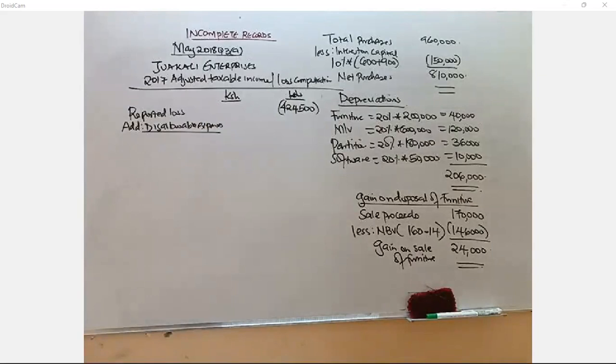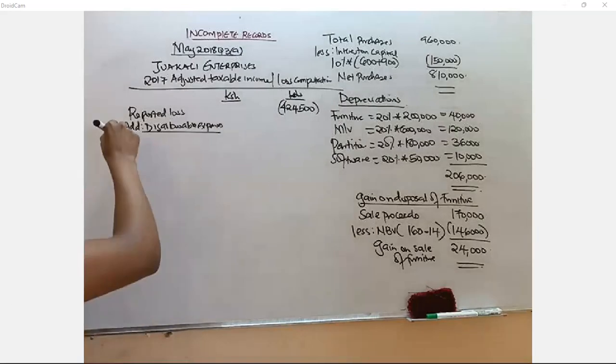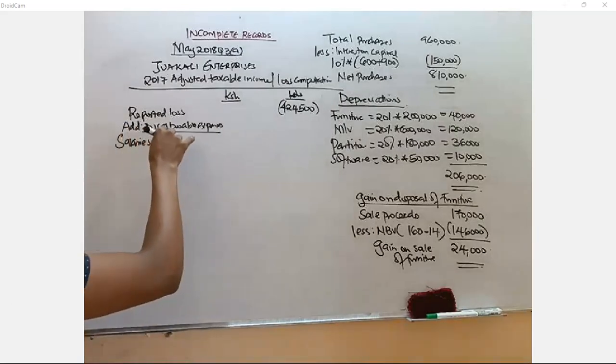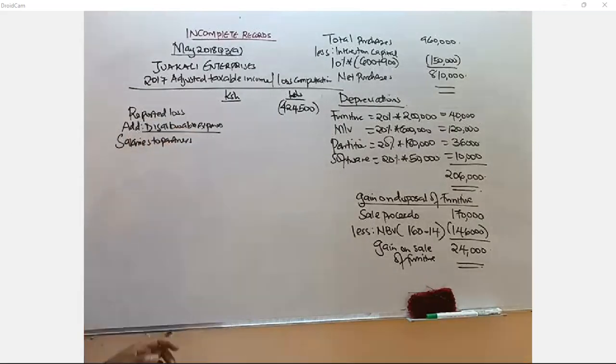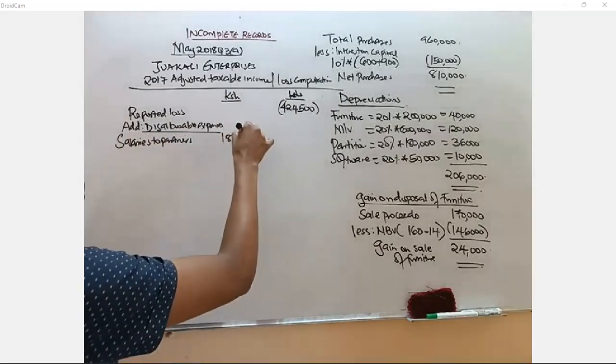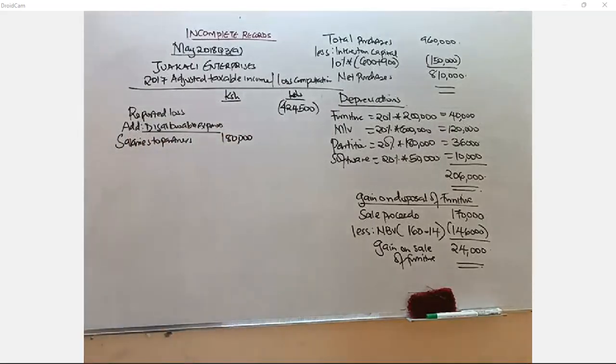Let me start with note number 4. Salaries and wages for the year 31st December 2017, which include partner salaries, which is a disallowable expense. So in this case, we talk about salaries to partners. Let me combine the salaries to partners. That equates to around 180,000. You'll be having an advantage because you will have two entries.